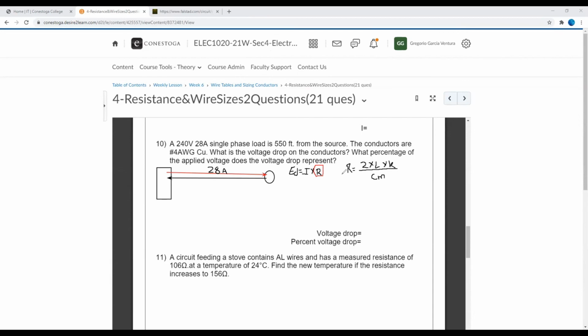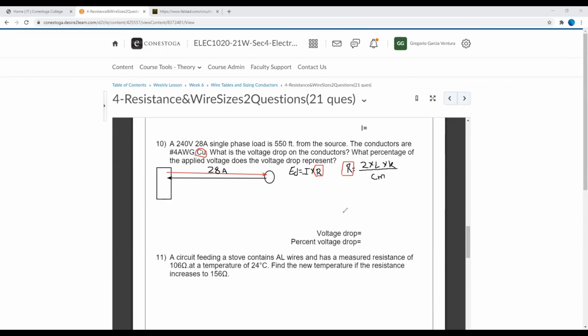Now, we also said, how do we find R? That R is equal to 2. Why the 2? We have a conductor that goes and a conductor that returns. Times L, which is the length, times K, which is the K factor, in this case copper, divided by the Cm, which is the circular mills.